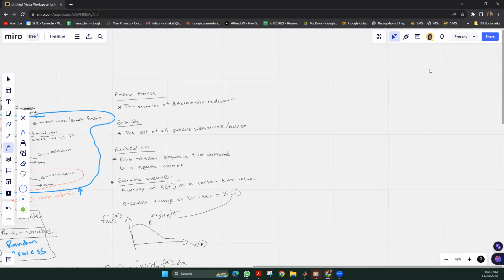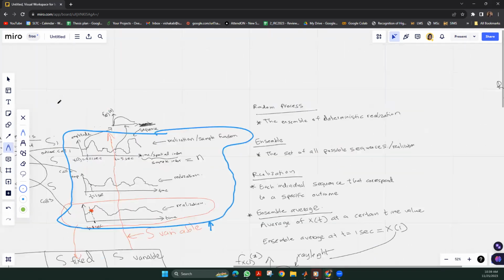As I said before, random processes can be studied using the probability density function of the random variables that occur in the random process under each time instance.